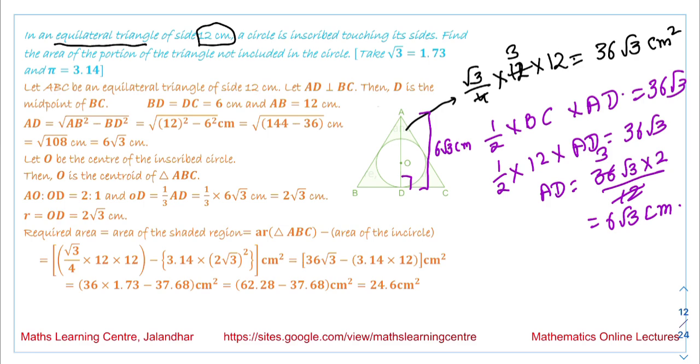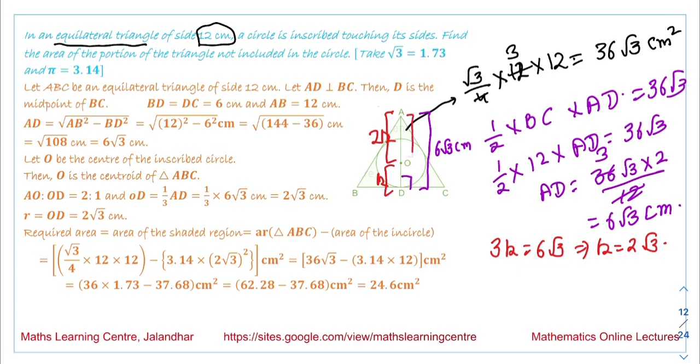Now by the property of the incircle, we know that the ratio of OA to AD should be 2 is to 1. It means if this length is 2k, then this length is k. So we are writing 3k is equal to 6 root 3. This gives us k is equal to 2 root 3.